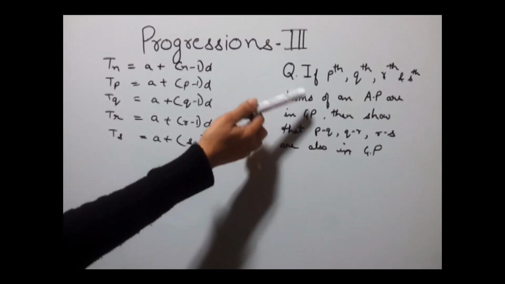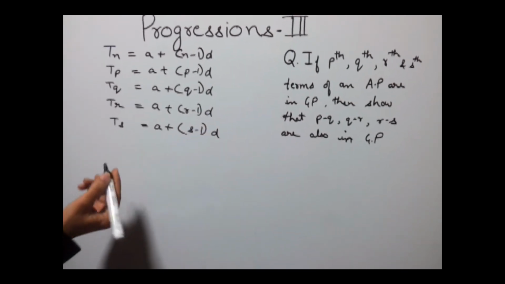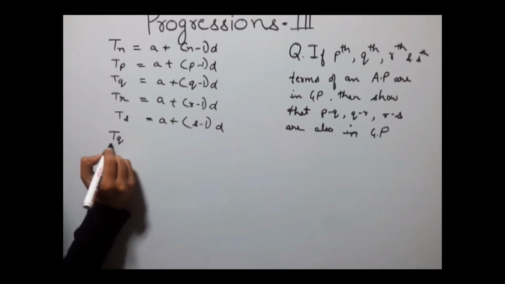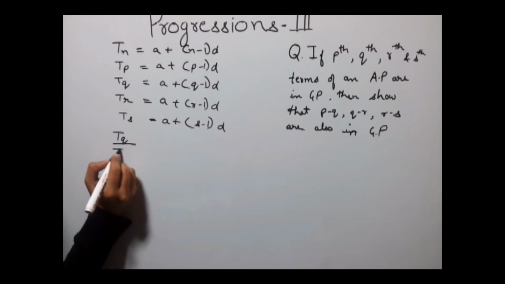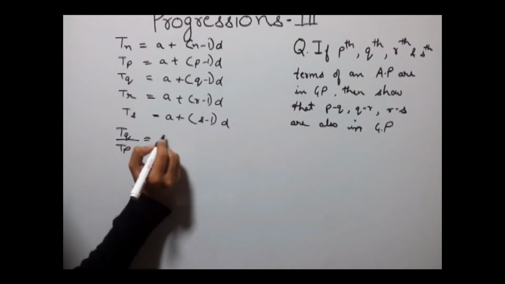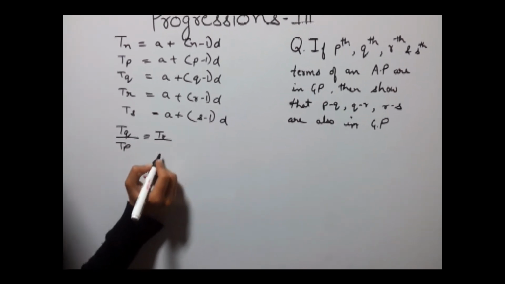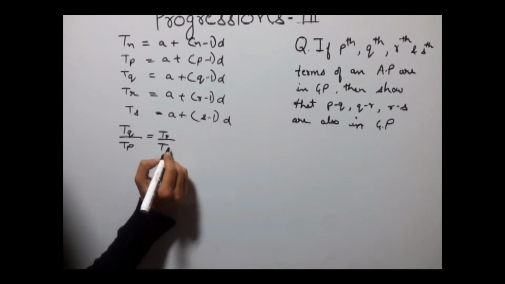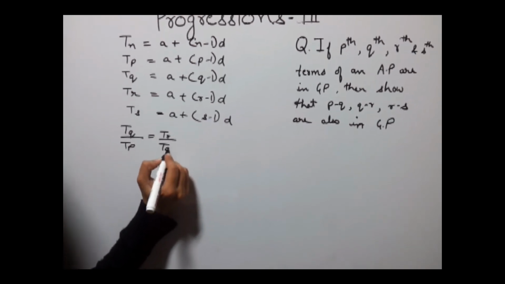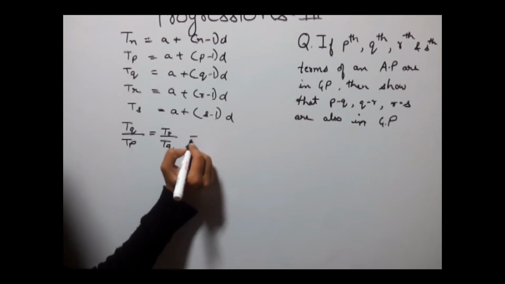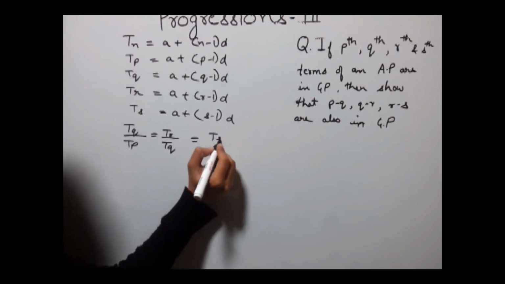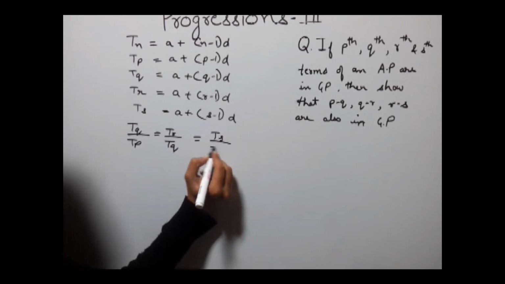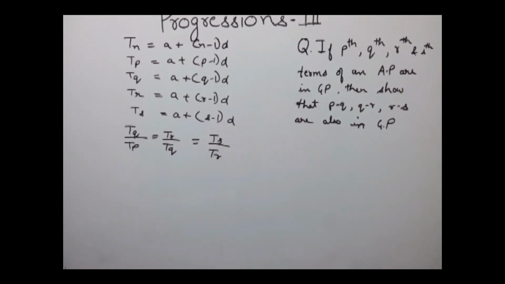And we are given that these terms are in GP, that is TQ divided by TP is equal to TR divided by TQ. Also, this is equal to TS divided by TR.